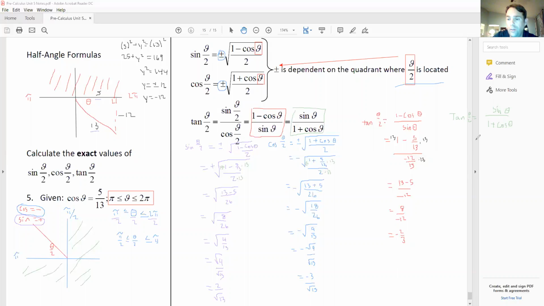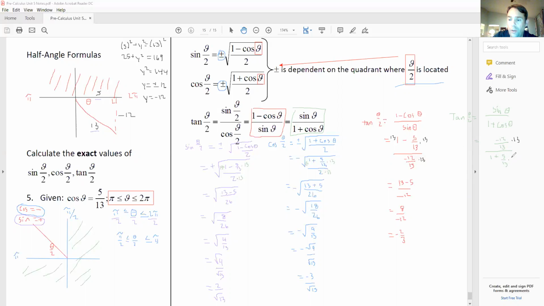Let's plug that in, see if it would have worked for that one. So sine theta, that was negative 12 over 13. 1 plus cosine theta, that'd be 5 over 13. And just like before, we'll go ahead and multiply out.